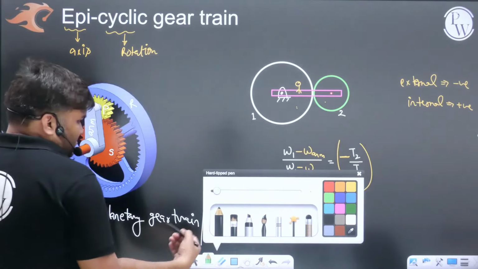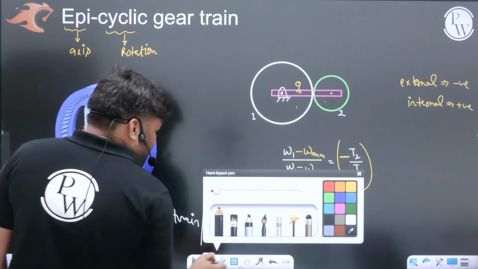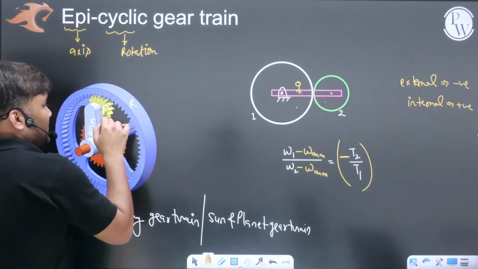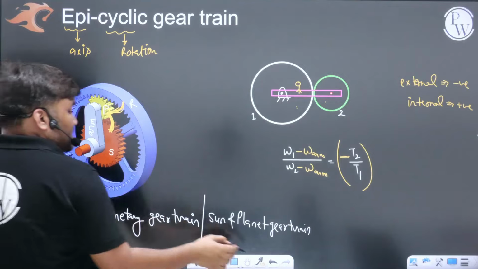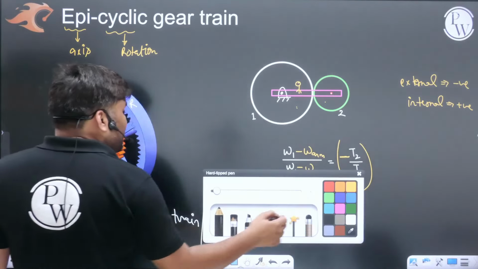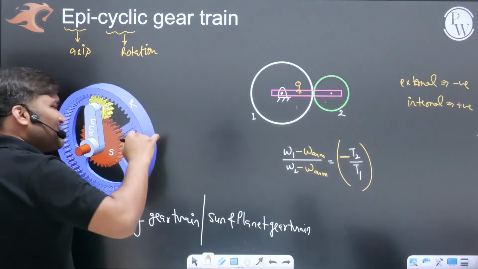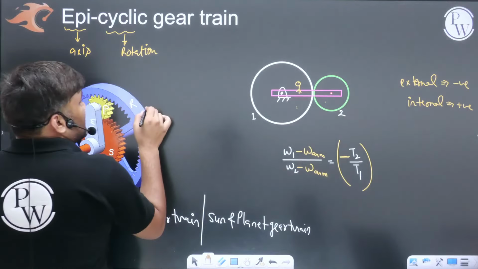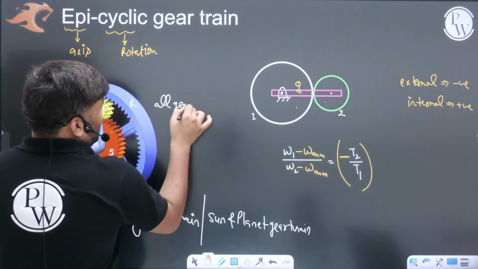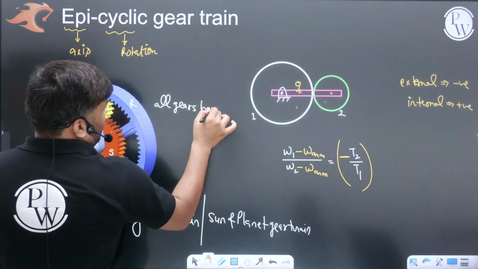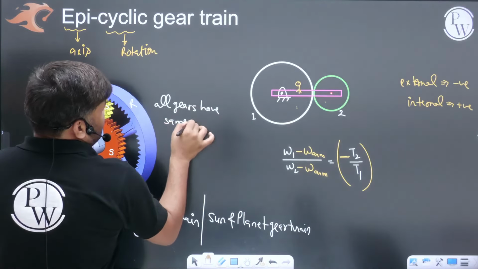Okay, one thing is a common sense matter, beta. You can see the sun is meshing with the planet, the module is the same. The planet is meshing with the ring, the module is the same. This means, no need to say, the examiner will never tell you. You must understand that the sun, planet, and ring modules are the same. All gears here have the same module.